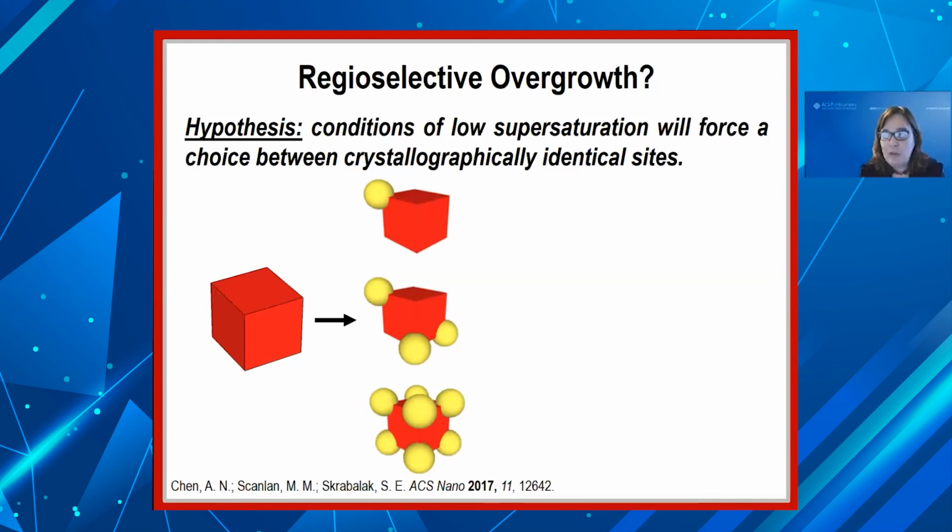But you could imagine for some application, it may be desirable to selectively deposit metal just at one vertex or at a few vertices rather than all 8 vertices as we observed in our initial demonstration. Now you may wonder, what would be the actual driving force or reason why at low supersaturation you may be able to achieve such selectivity?